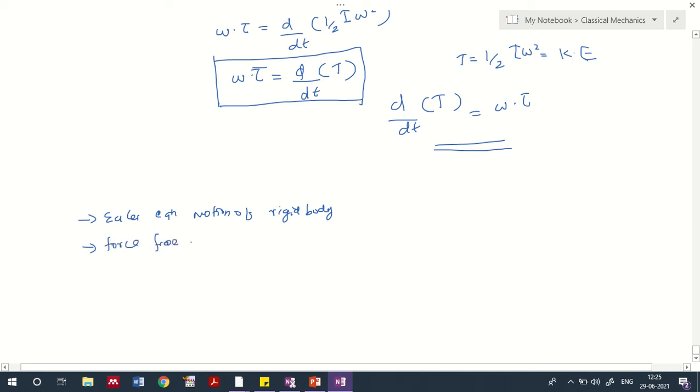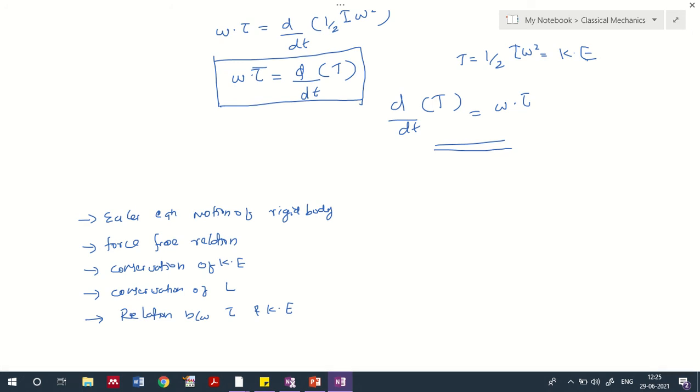For force-free rotation, we derived the conservation of kinetic energy, then the conservation of angular momentum L, where torque is equal to 0. Then we identified the relation between tau and kinetic energy. These are the five small topics we have discussed in today's session.